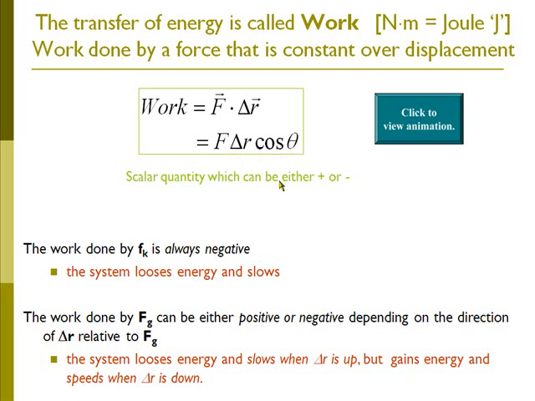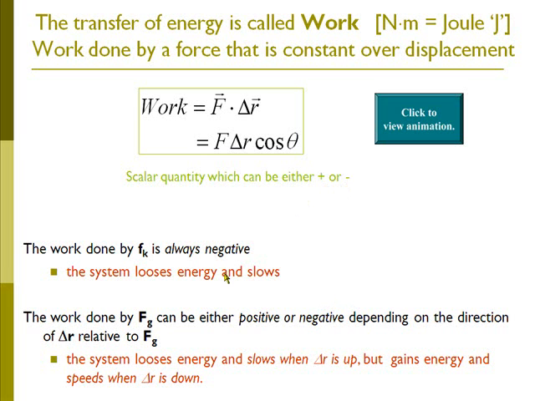Scalar quantity, therefore, can be positive or negative. And in fact, what we'll see is that the transfer of energy that occurs can sometimes be positive, i.e., an object gains energy, or the transfer of energy can be negative, i.e., the object loses energy.